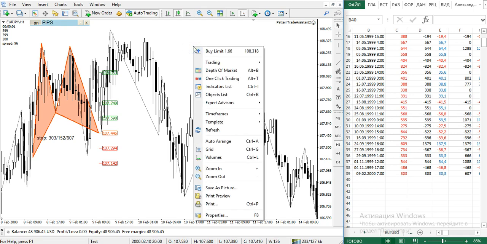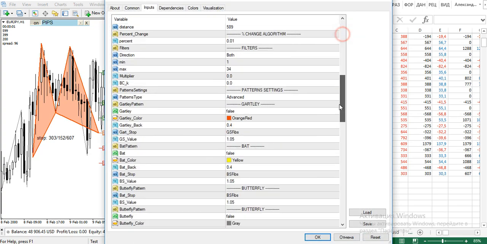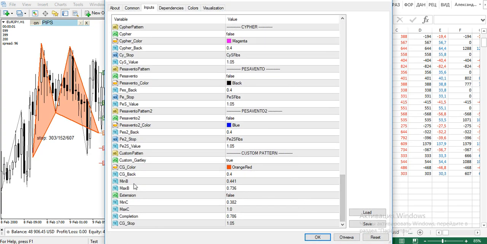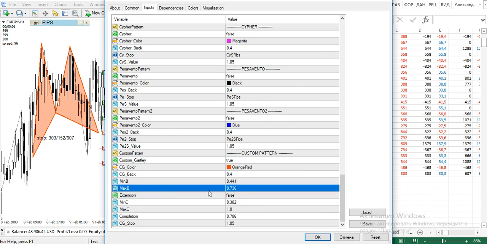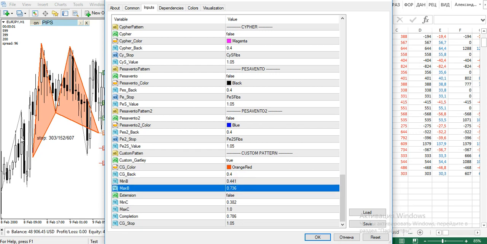For the detailed identification rules of the Unified Gartley, you can see the ratios. The minimum B point is 0.4041 of X to A, and the maximal B point is 0.736 of X to A. So if price hits somewhere between these two levels of X to A, then it is okay.